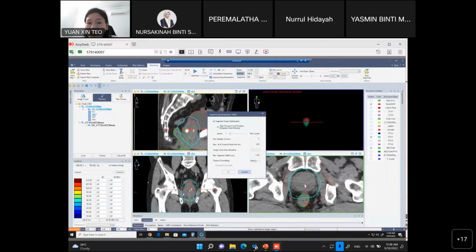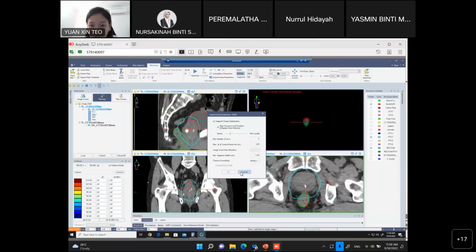If you set 240 here, it won't give you 300 points. Means you restrict the plan to less than 240. The plan may come out at the end with 100 points, 200 points, but it won't give you more than 240 points. Okay, so minimum segment width means for my MLC, each segment the minimum width is 1 cm.